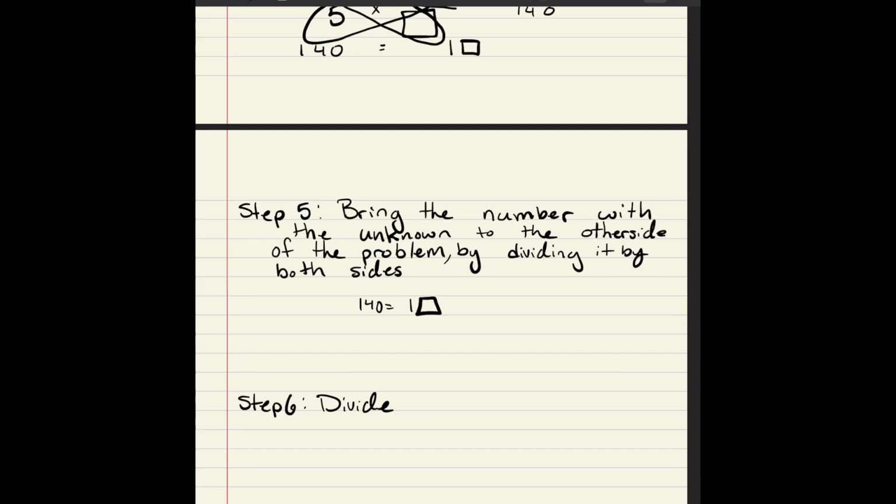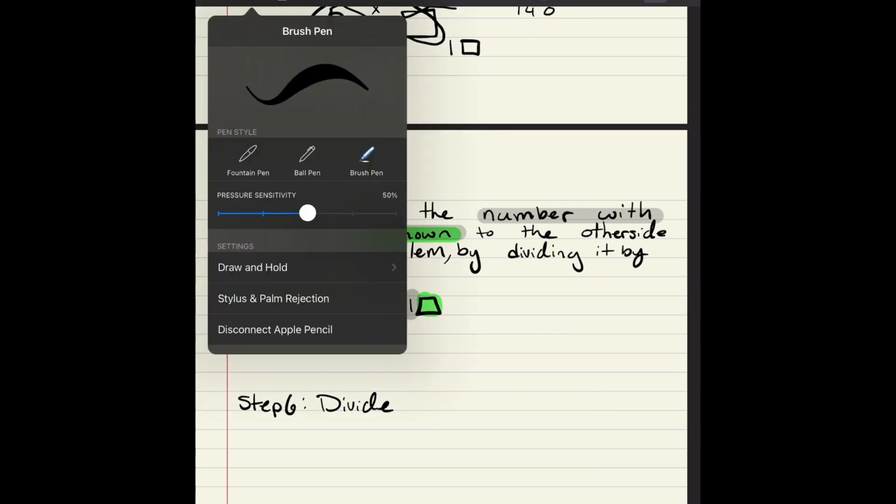And we need to bring the number with the unknown to the other side. So our number with the unknown is 1, because our unknown is here. So we need to bring it to the other side by dividing.